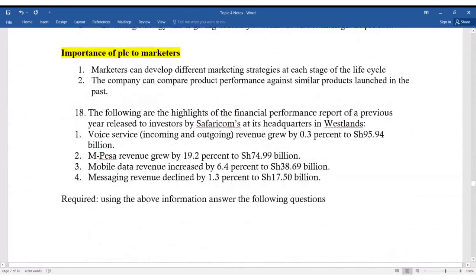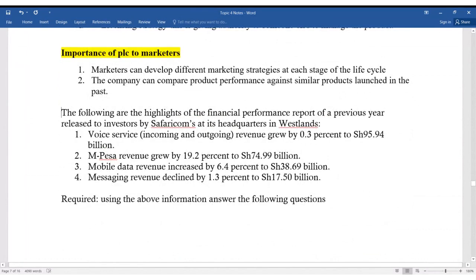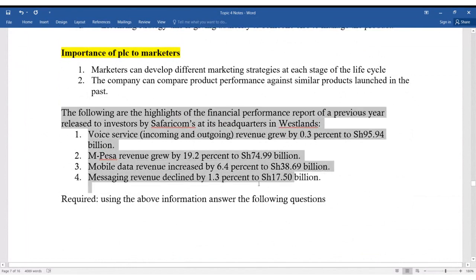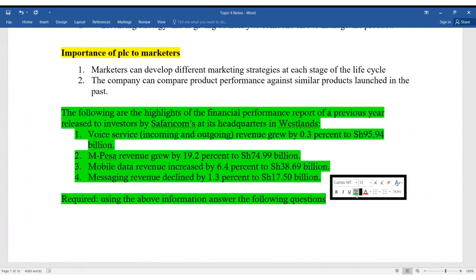Good. I now have the work. Are we together? You believe you can see that?